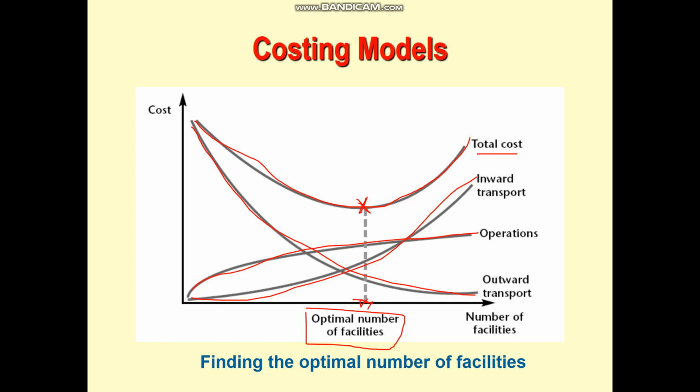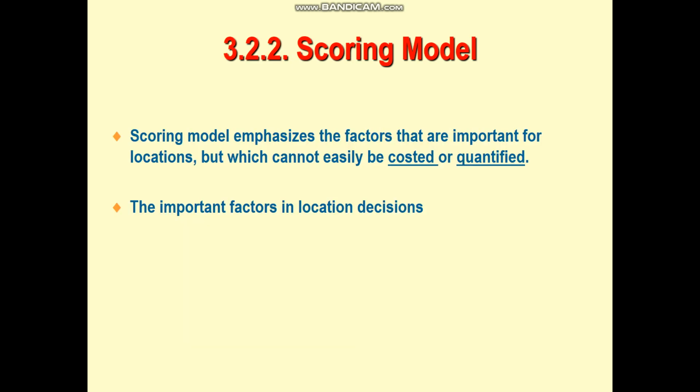Okay, so now we will move to the scoring model. So what is the difference between costing model and scoring model? The scoring model emphasizes the factors that are important for location, but cannot easily be costed or quantified.